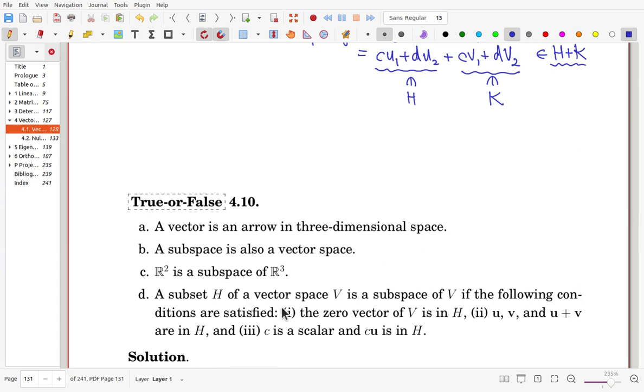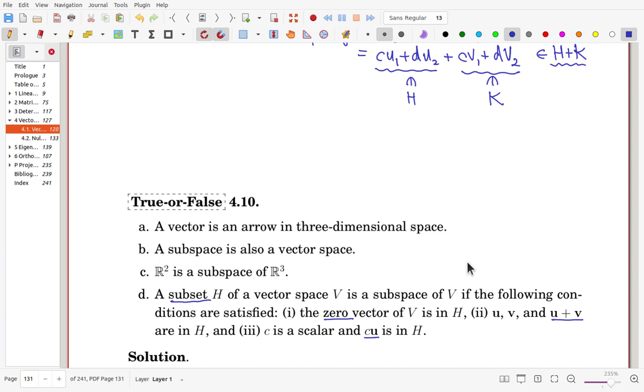Here the conditions are: first of all, it must be a subset, and the 0 of the vector space is in H, and U and V and U plus V are in H. So addition is closed there. And C is a scalar and CU is inside of H. So it is closed under scalar multiplication.